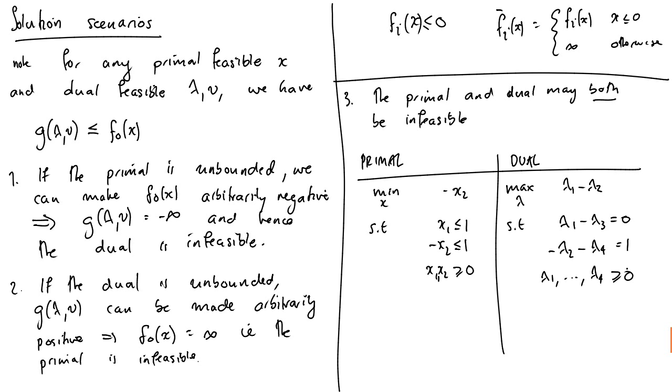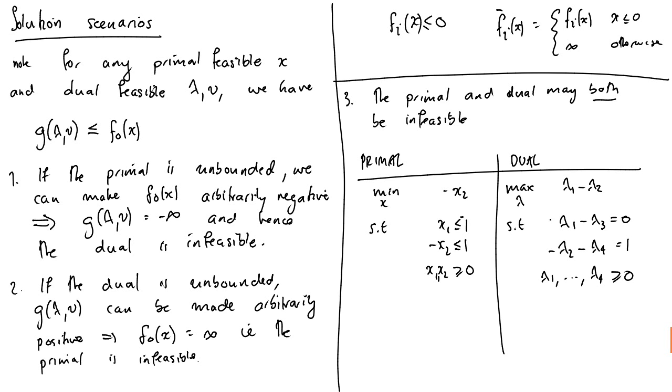Okay, firstly note that the primal is infeasible. I've made a little mistake here, there should be a negative 1 on here. So x1 is less than or equal to negative 1, and x1 is greater than or equal to 0. So our primal is infeasible.